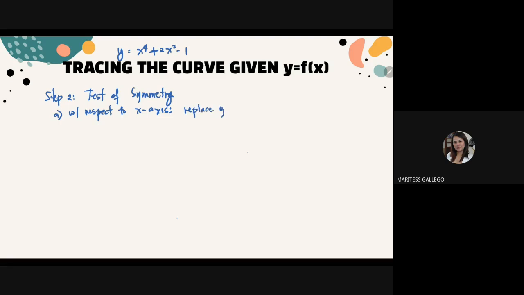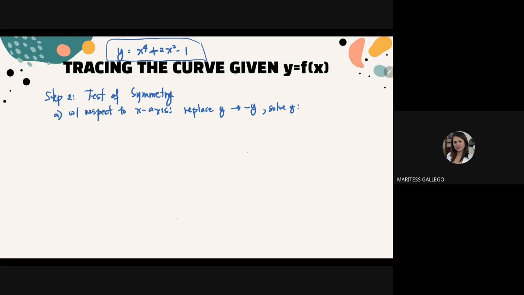You replace y by negative y and then solve for y. Yun yung sinasabi dyan. You replace now your y by negative y and then solve for y. Pag sinolve nyo si y at nagbago siya, hindi siya pareho doon sa given na function. Hindi siya symmetric sa x-axis.